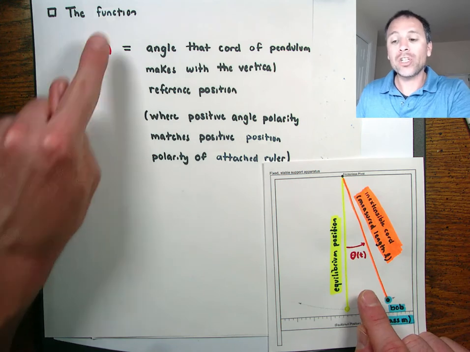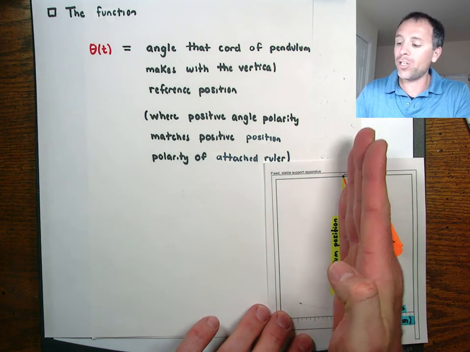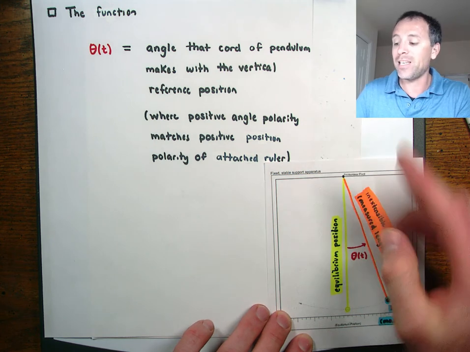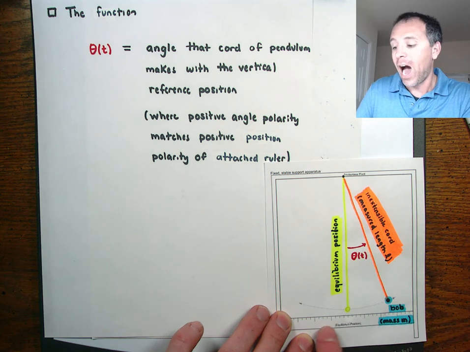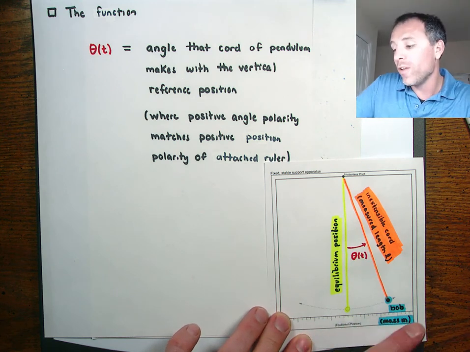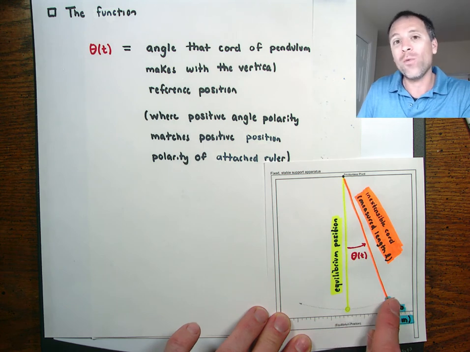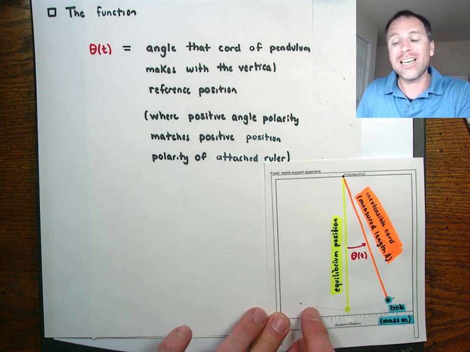We've said that the function theta of t describes the angle between the equilibrium position and the chord at any time t, and that the positive reference direction in theta aligns with the positive reference direction of the ruler. So when the bob moves to the right, we have positive thetas. When the bob moves to the left, those values are assigned a negative sign.